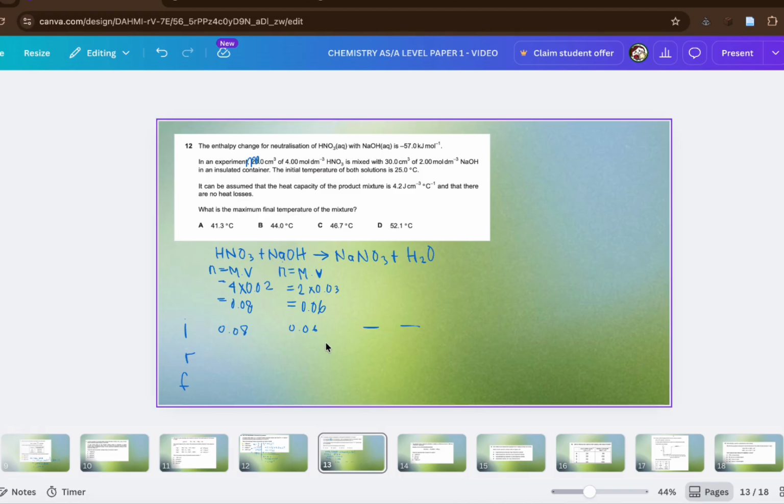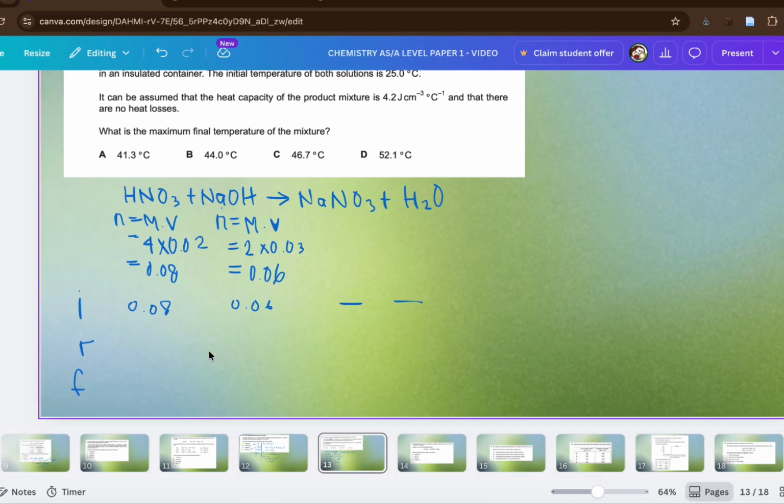Next, for the reaction, we look at which is the smaller amount, which is 0.06. So 0.06, 0.06, these will appear 0.06 and 0.06, 0.02.